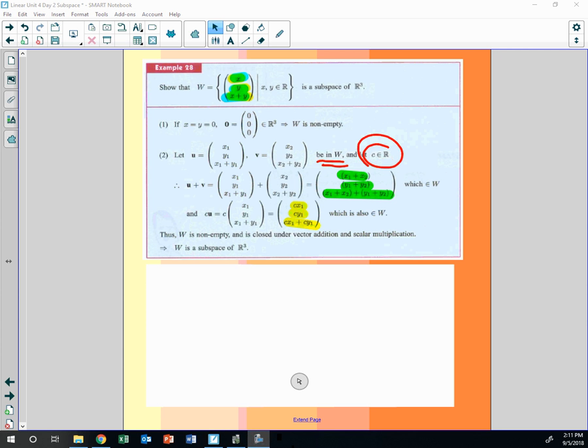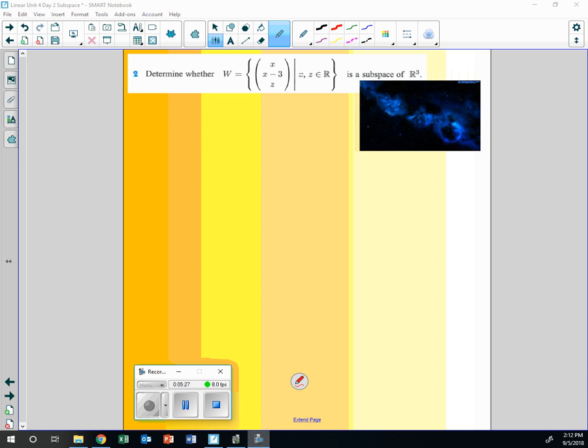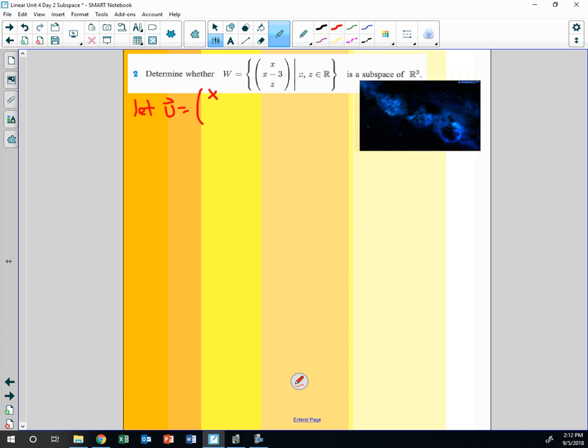How would you not need that requirement? What you would start with here is you need to define U. So let U, this is a vector, be equal to U1, minus 3, U3.